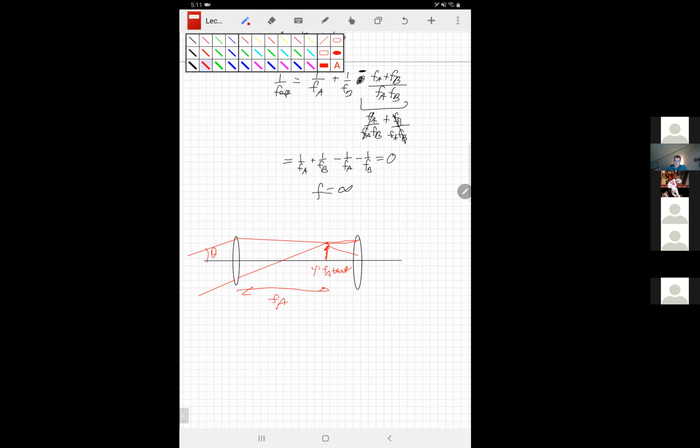Because whatever light can do in one direction, light can do in the other direction. So if they start off going parallel to each other from infinity, they're going to go to the focal plane, not the focal point. This is not the focal point here, but it is in the focal plane, the same plane as the focal point.